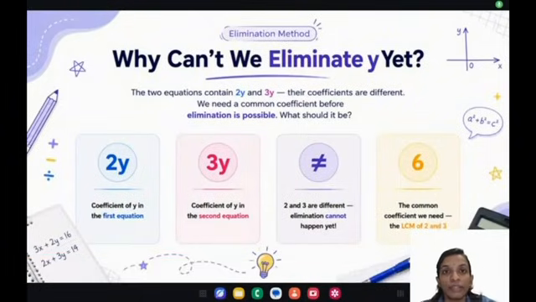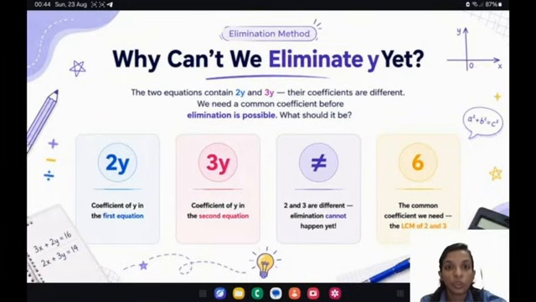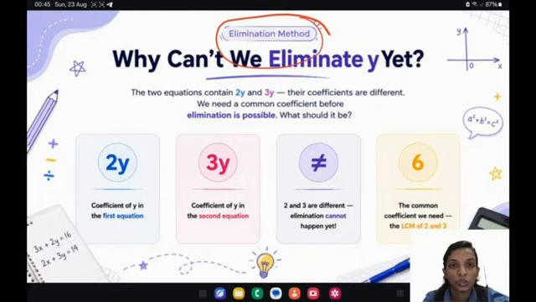There are different ways to solve simultaneous equations. For today's problem, we are going to use the elimination method. Before I show you the procedure, let's understand the idea behind the word elimination.